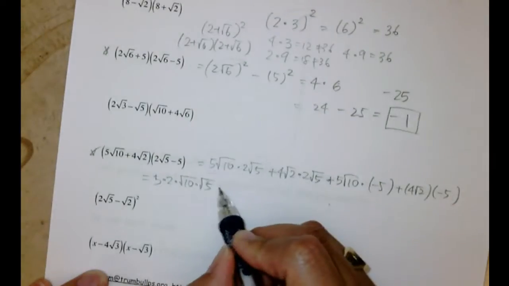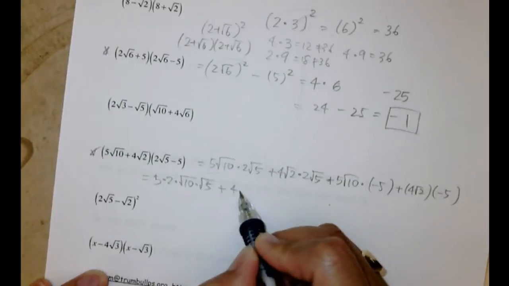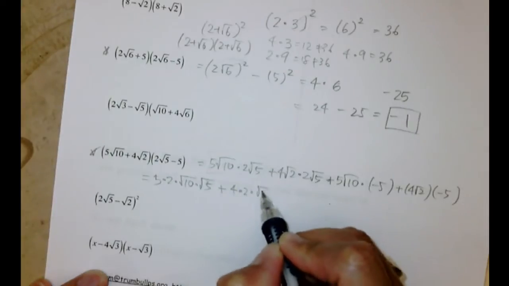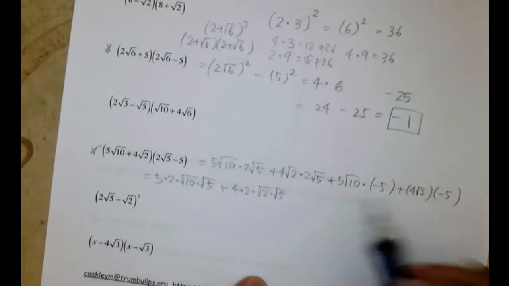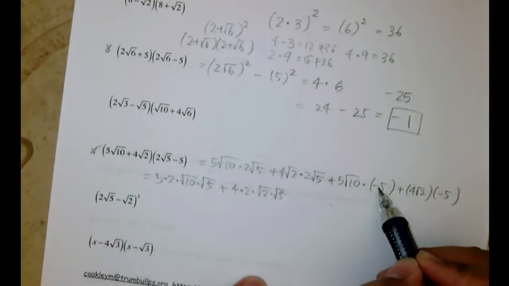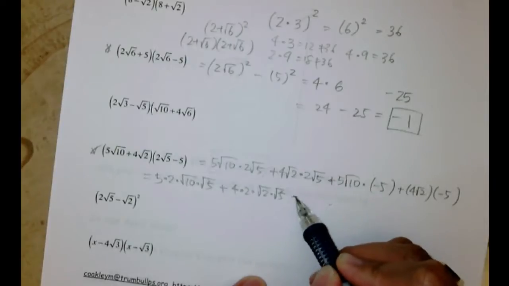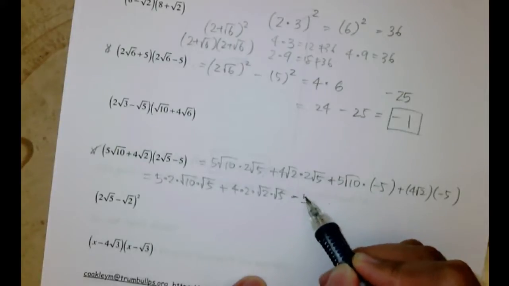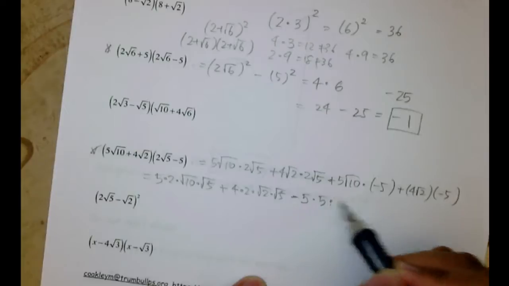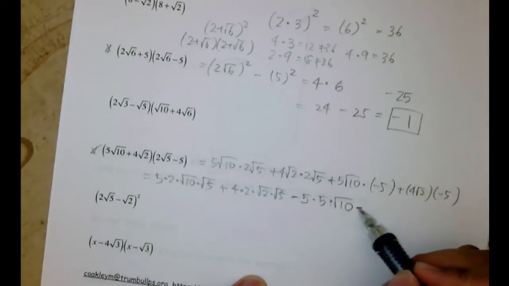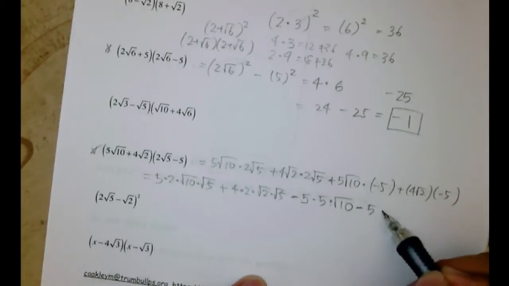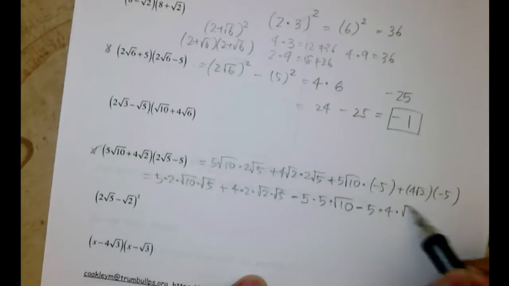This is the same as plus 4 times 2 times root 2 times root 5. This one, there's a minus here, so let's change this to minus 5 times 5 times root 10. There's a minus here, so let's change to minus 5 times 4 times root 2.